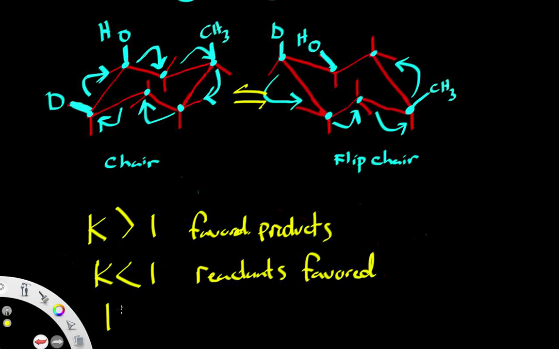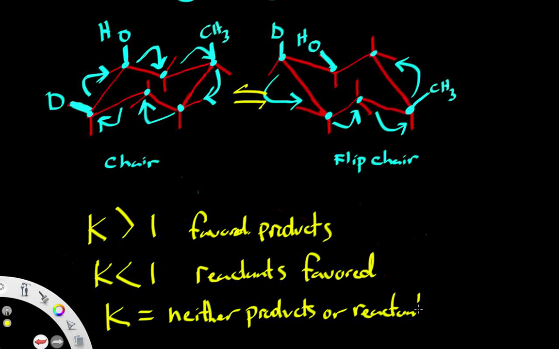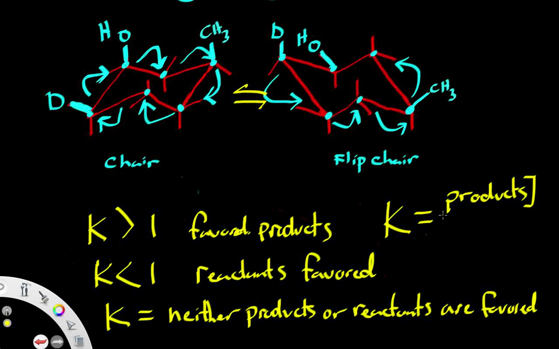If my K value equals 1, then neither the products or reactants are favored. And remember, our K values are determined by this equation where we have a concentration of products over a concentration of reactants.